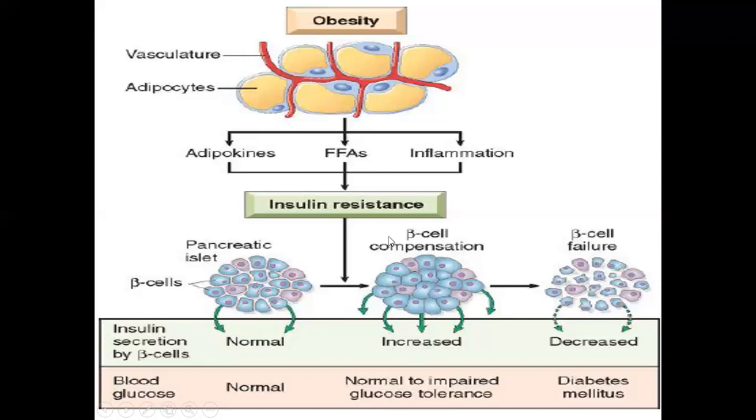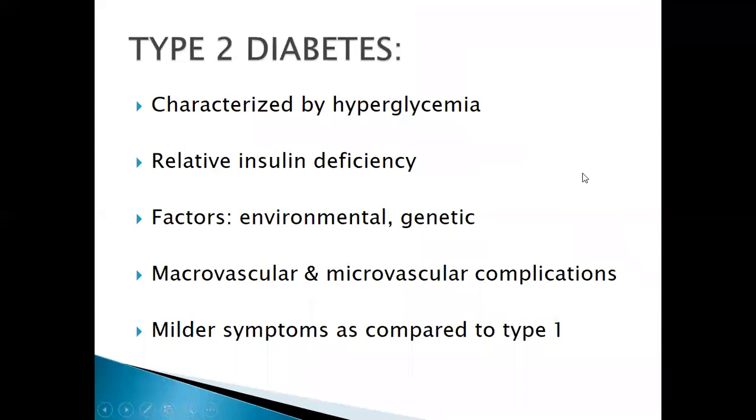Now, if your beta cells in the long term could not keep up the compensation, what's likely to happen is that your beta cells die, so there is a decreased number of beta cells, eventually leading to diabetes mellitus. Type 2 diabetes mellitus is characterized by hyperglycemia and relative insulin deficiency.